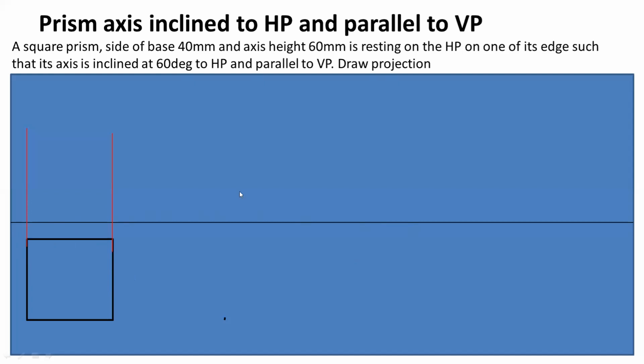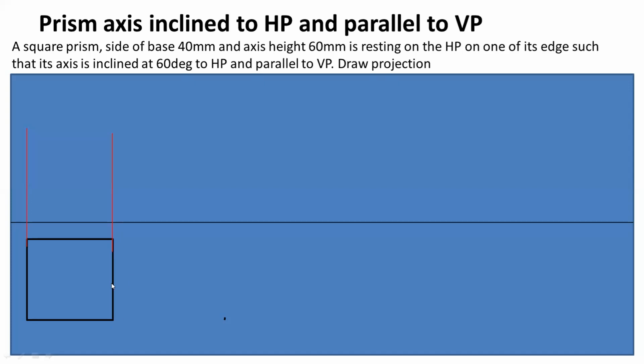Right now it is resting on the edge, so make these two edges perpendicular to the XY line and assume the complete base is resting on the HP. In that case, its axis will be perpendicular to the horizontal plane. If you observe from the top direction, you can observe this rectangle.